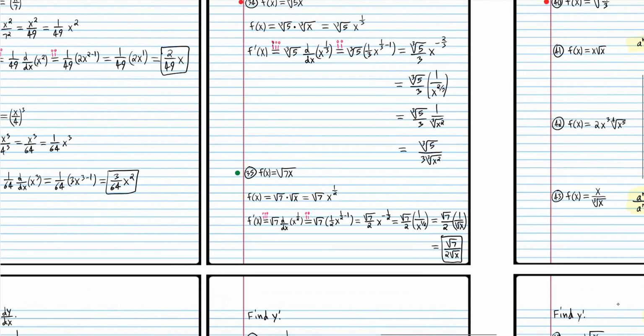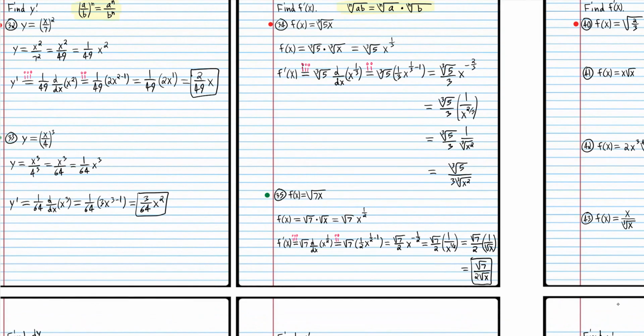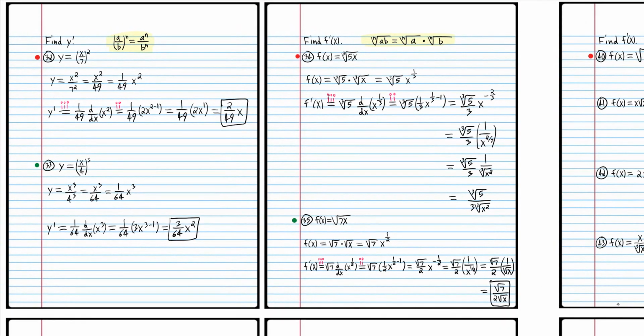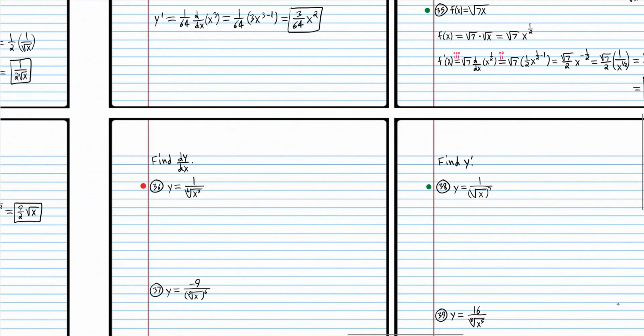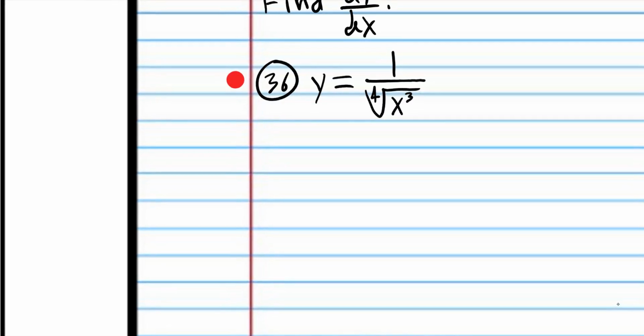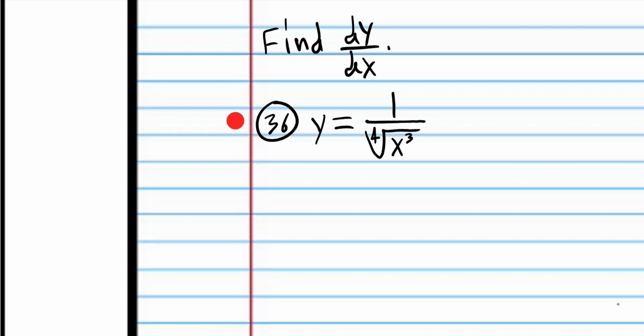So if you got that right, excellent. So we're doing two things now. We are learning the differentiation formulas, and we're also reviewing rules with roots and exponents. So here we have another situation. We want to find the derivative, but we can't because we don't know how to deal with fractions.